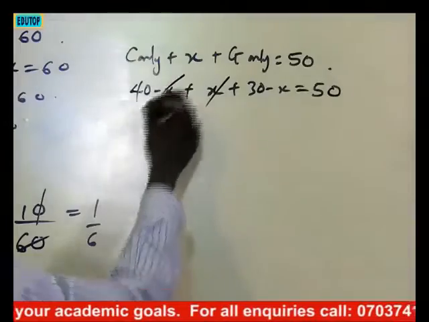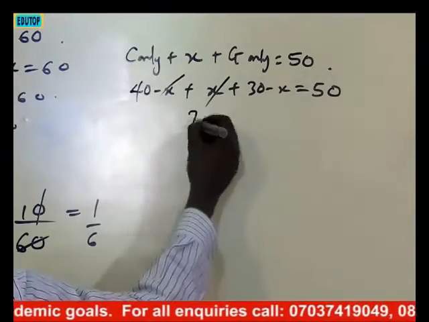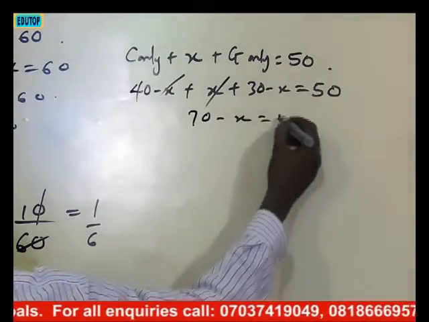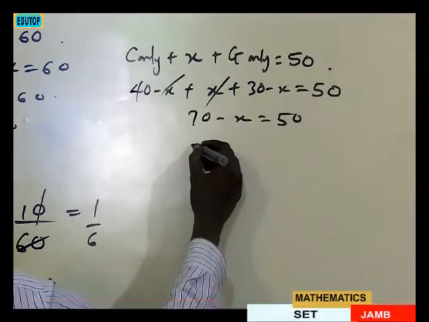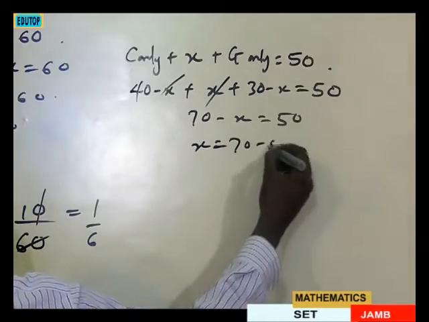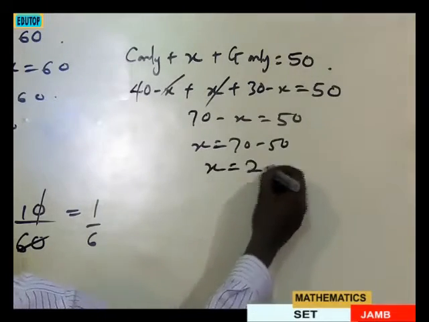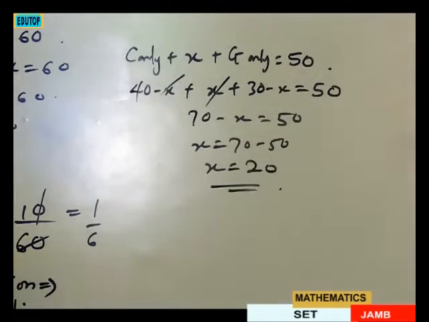Minus X plus X cancel out. 40 plus 30, 70 minus X equals 50. Then our X will be 70 minus 50. Our X equals 20. So the number that read both papers is 20. So we go to our options and see the one that correlates, and that is option C, which is 20.